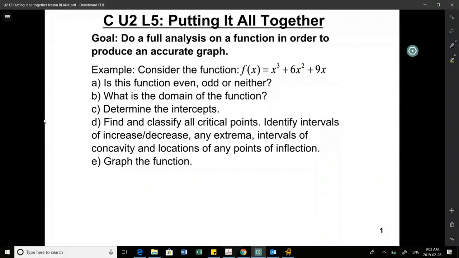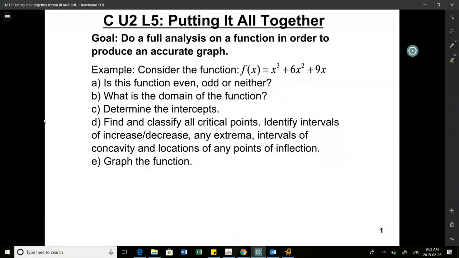So can somebody remind us about even, odd, or neither? What does this mean? Devin? Isn't it when f of x equals f of negative x, they equal each other? It's even. And if negative f of x equals f of negative x, it's odd.